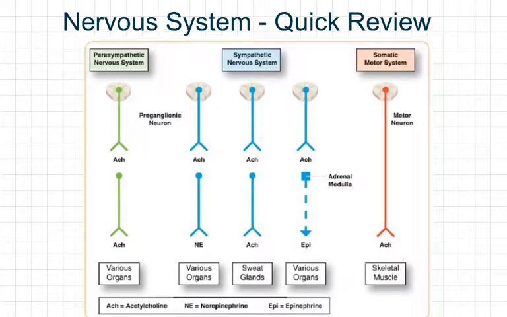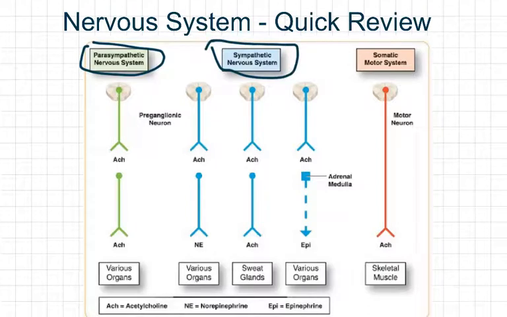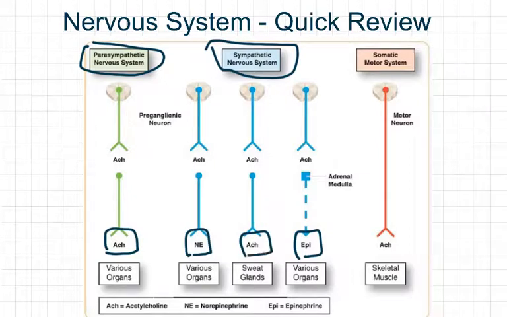Additionally, let's talk about the neurotransmitters for the parasympathetic and the sympathetic nervous systems, right? We mentioned this in chapter 7, the different neurotransmitters that accompany these two portions of the peripheral nervous system. The parasympathetic nervous system has only acetylcholine as its neurotransmitter, okay?